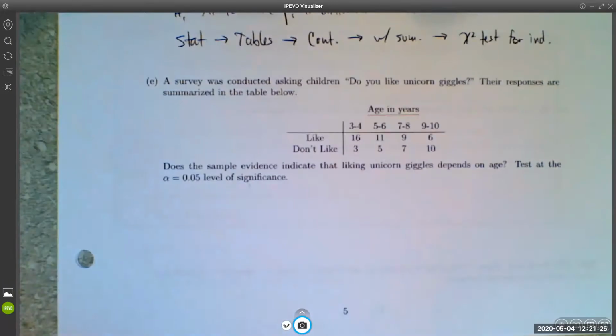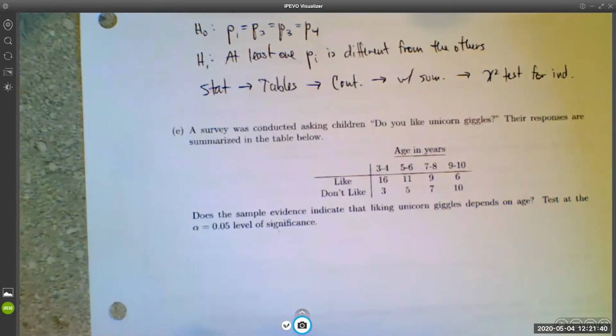And now let's see one more. It says a survey was conducted asking children, do you like unicorn giggles? Their responses are summarized in the table below. Does the sample evidence indicate that liking unicorn giggles depends on age? Okay. So now they're asking us to run a test for independence, right?